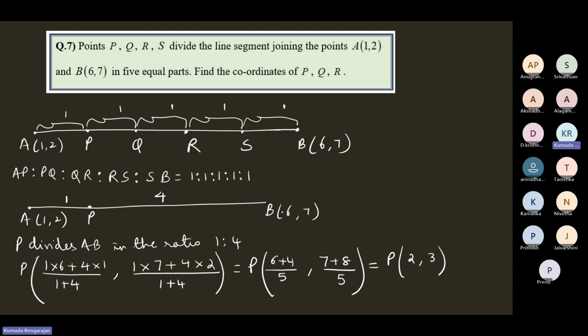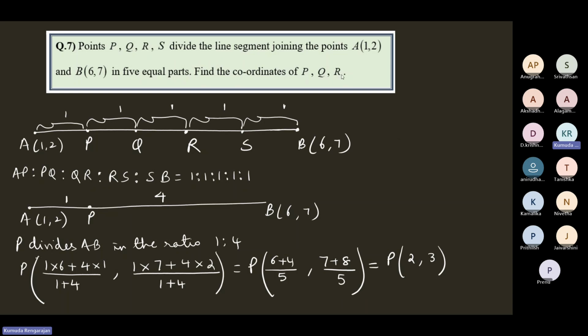So as we see here, you can find the coordinates of P. The line segment AB is divided into 5 equal parts: AP, PQ, QR, RS and SB. We'll have to find the coordinates of P, Q, R and S.